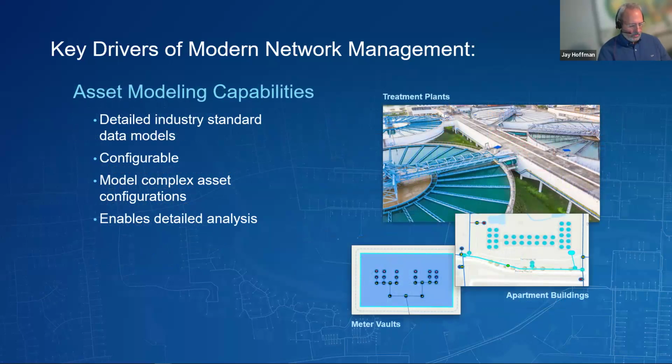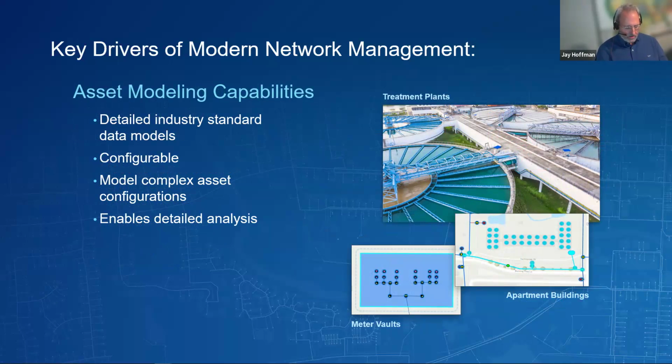And then the last one is asset modeling and capabilities. It's now capable to model and track the life cycle of detailed components in the system that weren't previously in GIS. Components of meter vaults and pressure reducing valve assemblies can now be modeled and tracked, as we see down here in the left-hand corner of the meter vaults.